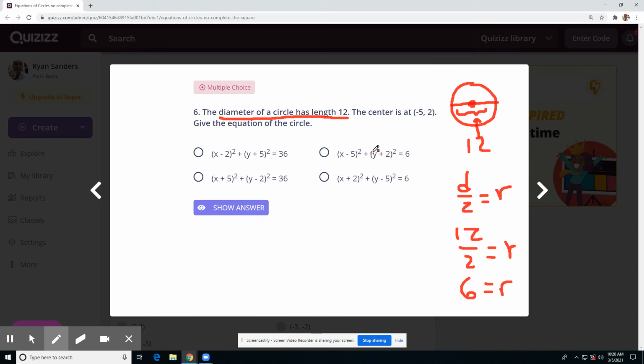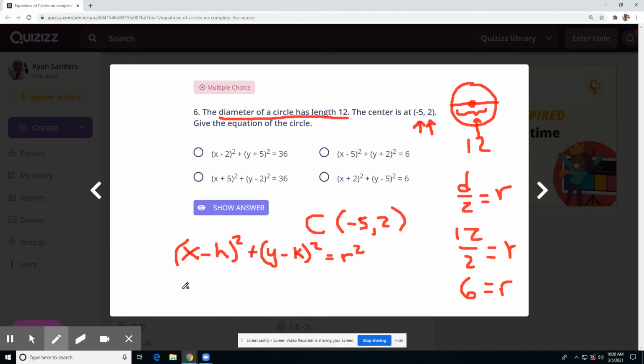All right. And then we just plug everything in, remembering the opposite idea. The opposite of -5, so our center, let's just plug it all in. (x - h)² + (y - k)² = r². And our center was (-5, 2), and our radius is 6. All right.